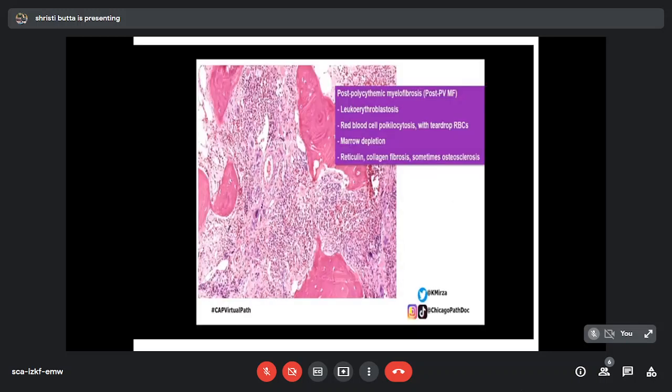Now, coming to the post-polycythemic myelofibrosis. This is the secondary stage of polycythemia vera, where it is characterized by myelofibrosis. All cases are characterized by a leukoerythroblastic blood picture with teardrop cells, and RBCs are showing poikilocytosis, marrow depletion with increased reticulin and collagen fibers, and sometimes even osteosclerosis.